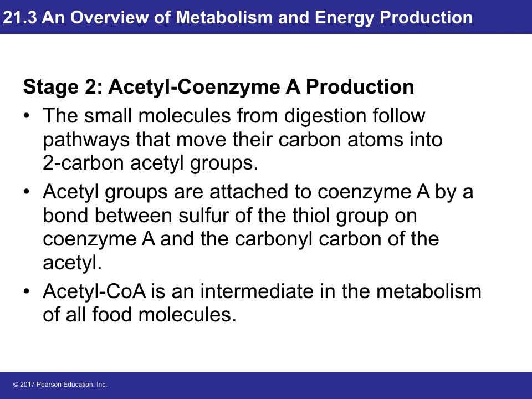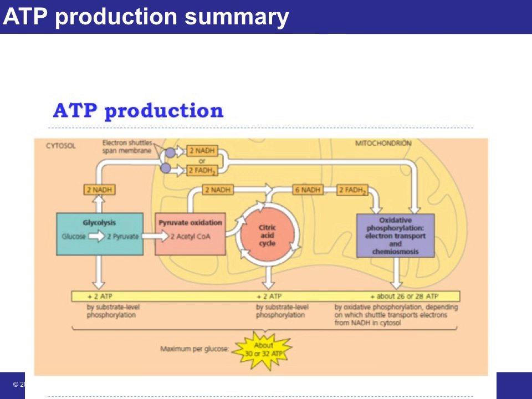Pretty much what we're going to look at is the digestion and different pathways that will move the carbon atoms into a 2-carbon acetyl group. Those are further attached to coenzyme A, and that bond exists as an intermediate in the metabolism of every single food molecule. So I do like that figure because I think it gives you a better perspective.